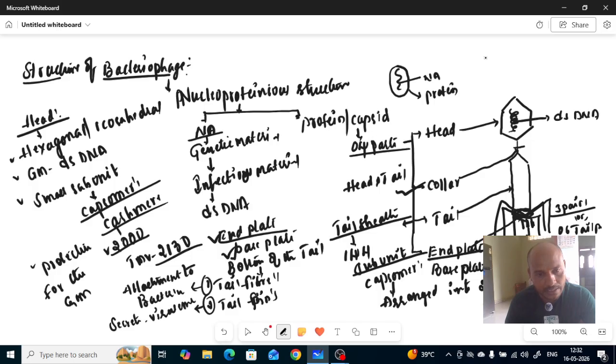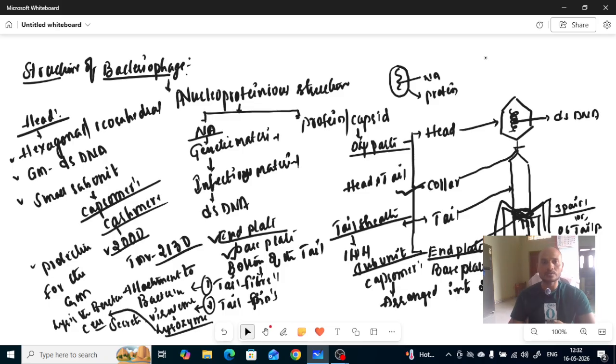The enzyme name is lysozyme, and these lysozyme enzymes are secreted from the tail pins and help to lyse the bacterial cell wall.